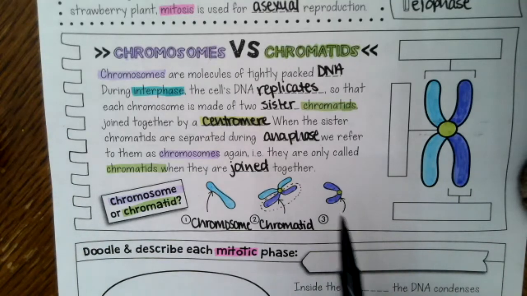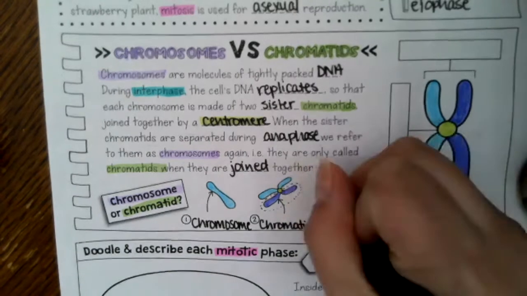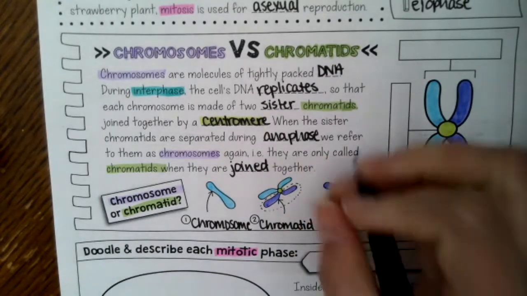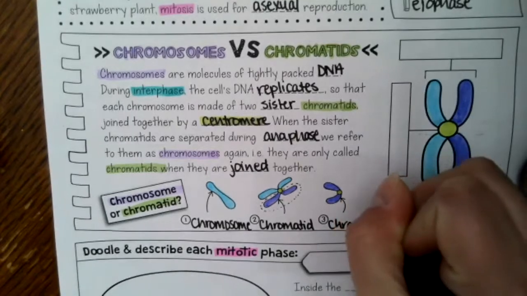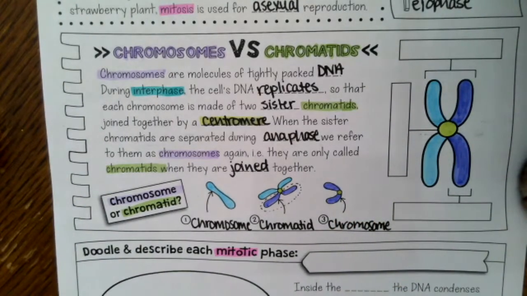This one's a little bit tricky. Number 3, would you say that this little dude here is joined together or not? If you said that he is not joined together, you would be absolutely correct, because that makes this what we call a chromosome. Over here, all we see is this little nub or this little Cheeto puff, and this Cheeto puff by itself is called a chromosome.